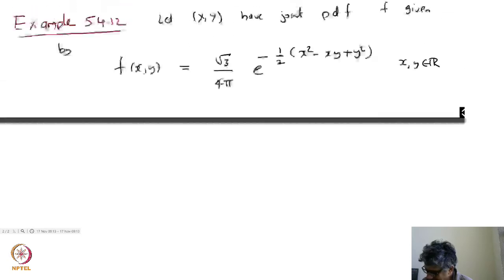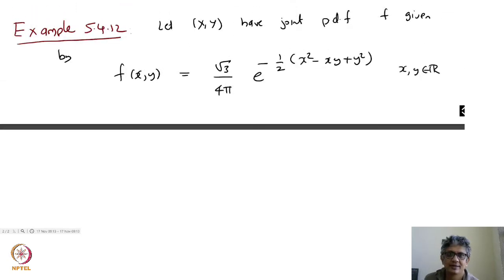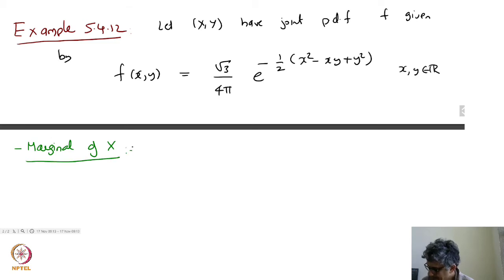Now, let me see from this example if I can compute the marginal of x first. Let's do the marginal of x. So how do you do that? We know that f sub x at the point x is going to be the integral from minus infinity to infinity of f at the point x comma y dy.